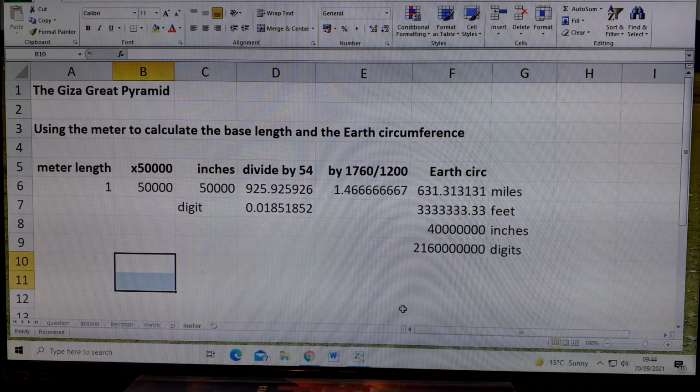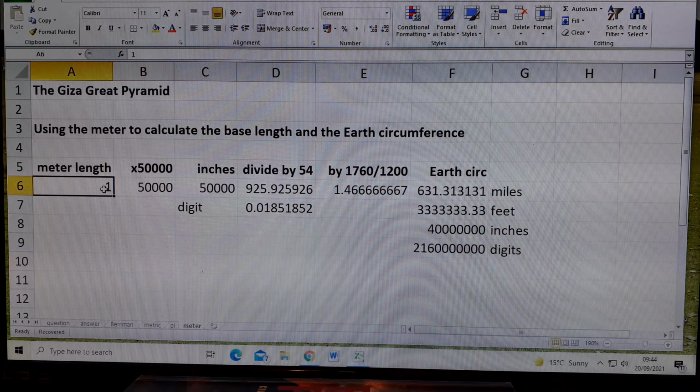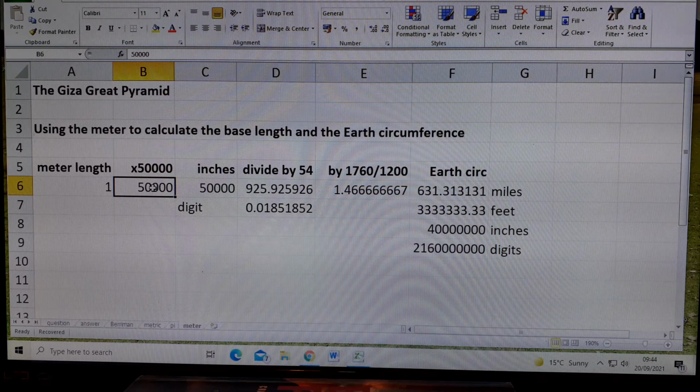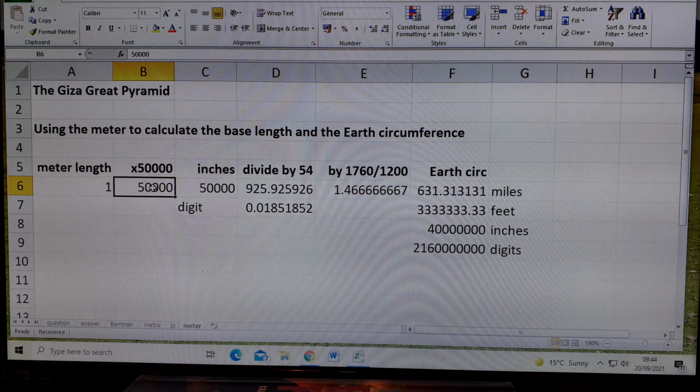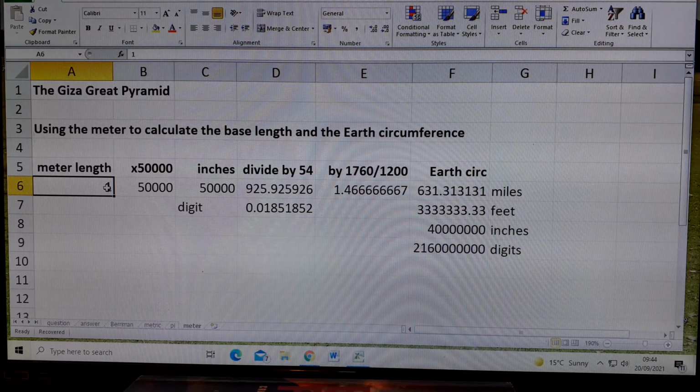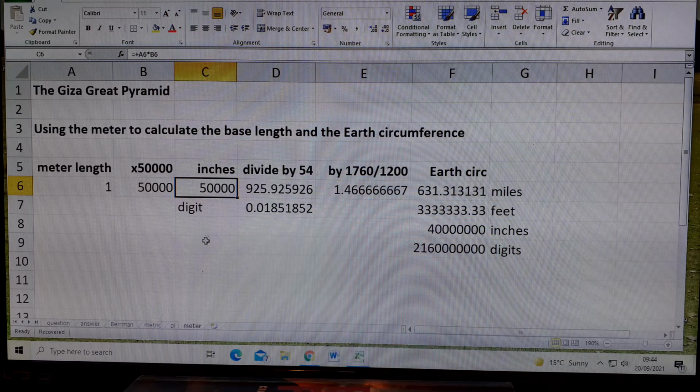I've set the model up to show a meter length of 1. We multiply it by 50,000 because the Giza base is determined against 50,000 meters. In this case, the meter is 1 inch in length, so the Giza base is 50,000 inches.